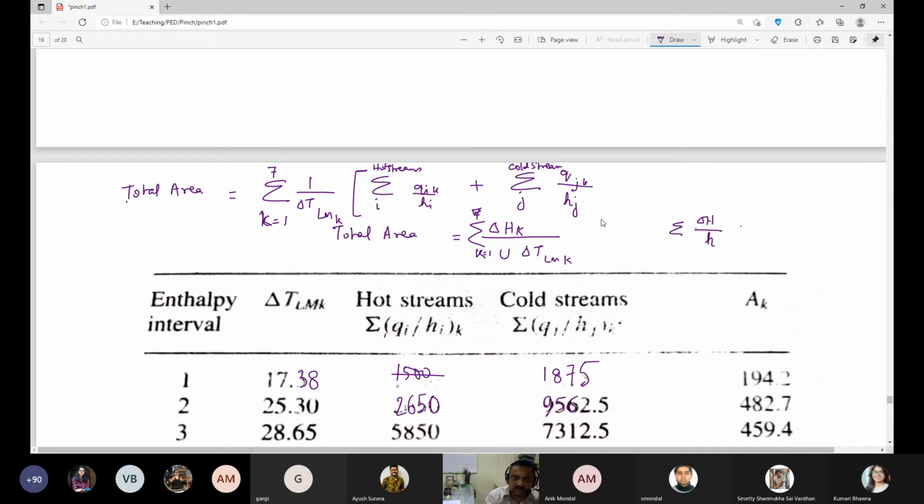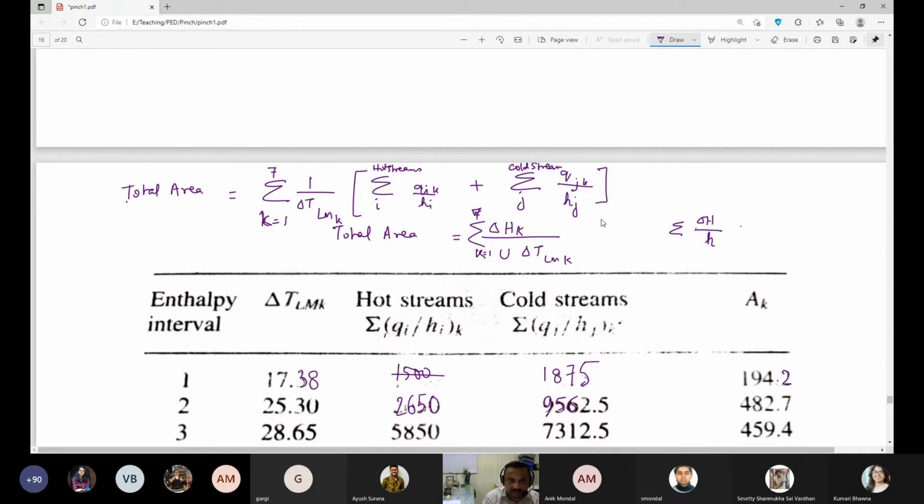So for the first segment you take the sum over the hot stream and the cold stream. You get delta T LMK, which you have calculated, because you know in that segment the hot stream in, hot stream out, cold stream in, cold stream out. So you find delta T LMK, and then you write that area, and the corresponding area here is 194.2. This is only for the k equal to 1 segment.